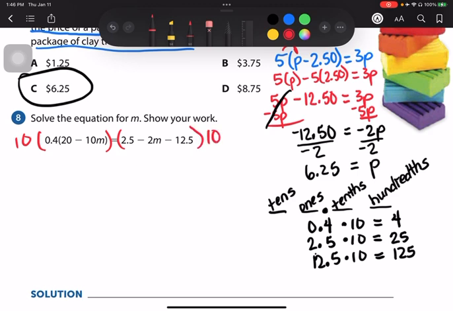Okay, so when you do that, that gives me 10 times 40 hundredths. And in parentheses, you have 20 minus 10m. Then I have to multiply 10 times each one of these terms.